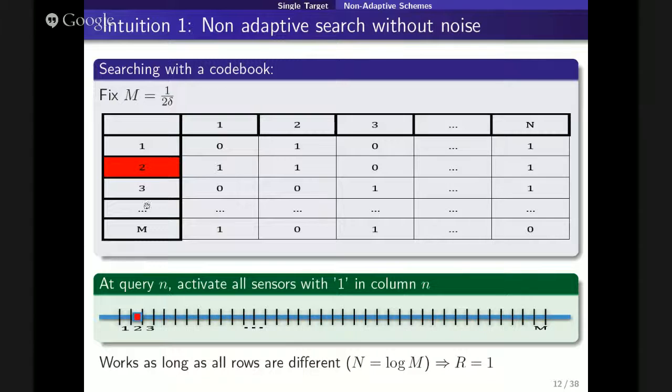The rate is the ratio between the number of intervals we have and the number of queries we're doing. Basically, how fast can we zoom in? How fast can we shrink the interval? So this is the targeting rate. And it's log M, as used in binary search. So in this case, the rate is 1.